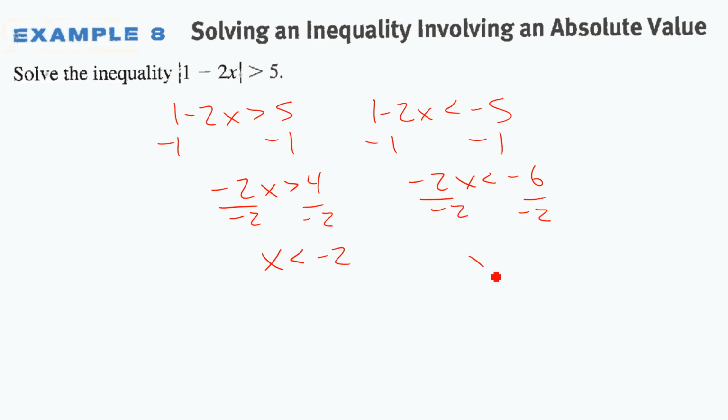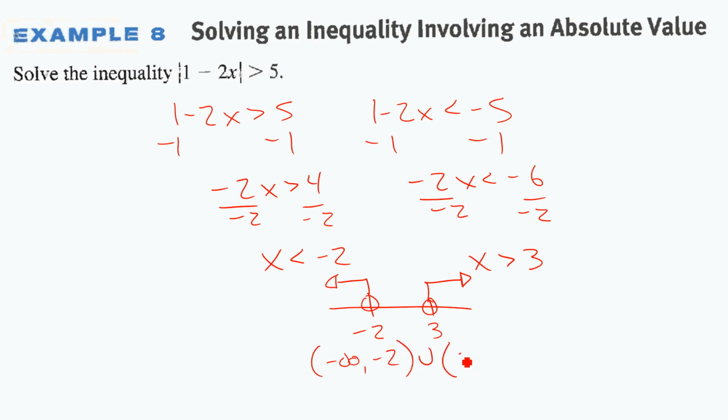And x is less than becomes x is greater than 3. So if we did a number line, negative 2 with an open circle, less than means that way. 3 with an open circle, greater than means that way. So we're going to go negative infinity, negative 2, the union of 3 to infinity.